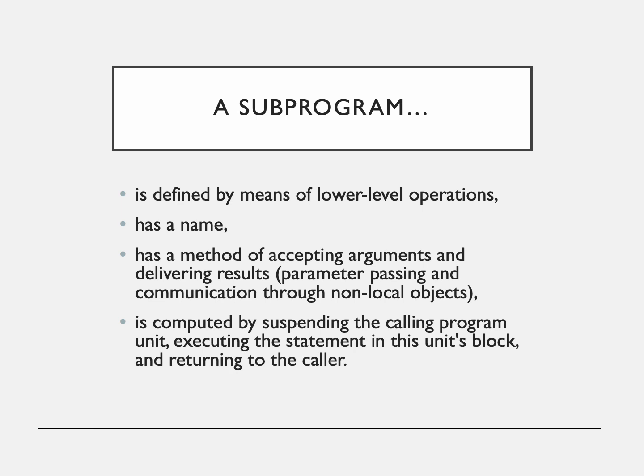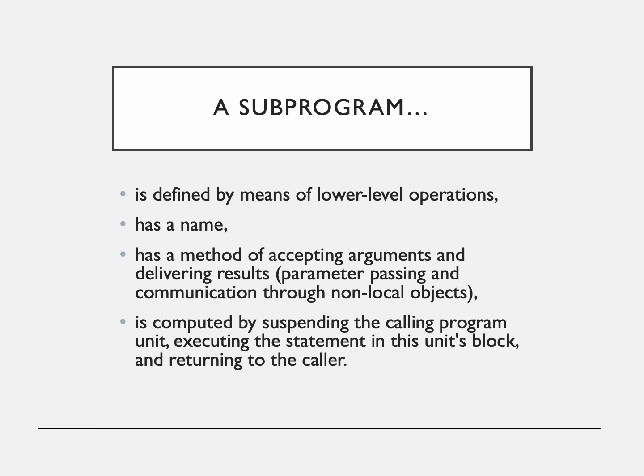Then, subprograms interact with the rest of your program through arguments and return values. Arguments are the data you pass into subprograms, and the results are what you get back after execution. This mechanism of parameter passing allows for dynamic execution, where the same subprogram can operate on different data sets.